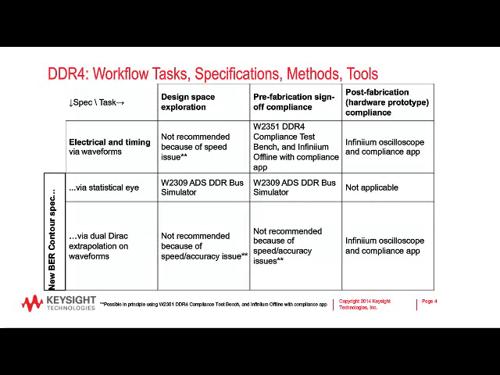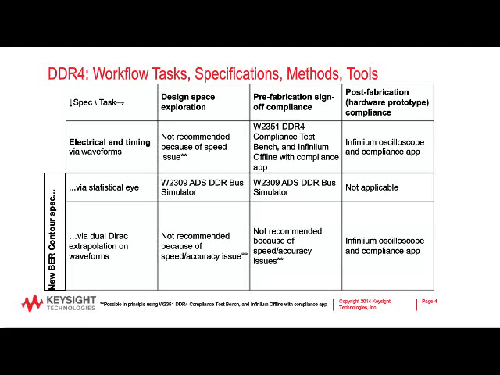To tackle the DDR problem, let's look at the workflow tasks, the specifications, the methods and tools. As you can see at the top of this table, going from left to right, we're showing the tasks chronologically. The first task we consider is what we call design space exploration. Very early in design, you want to sweep through various design parameters and find the sweet spot in the design space.